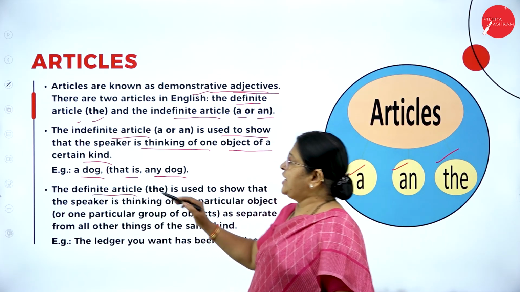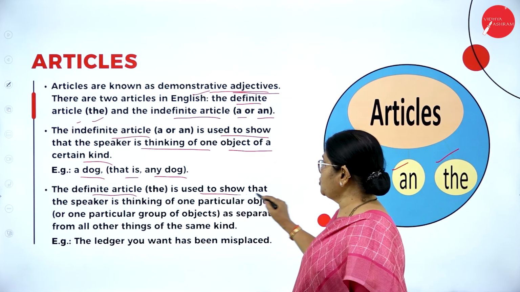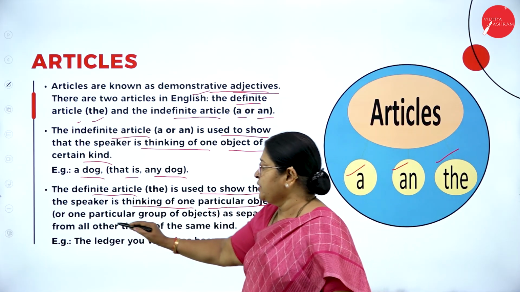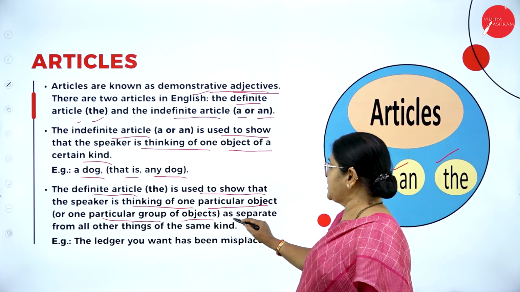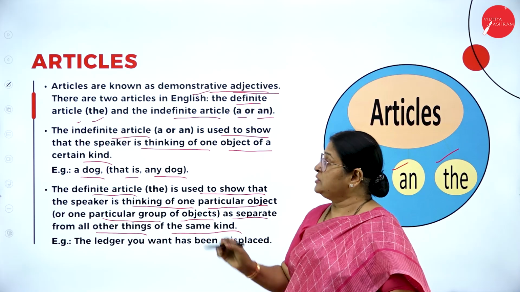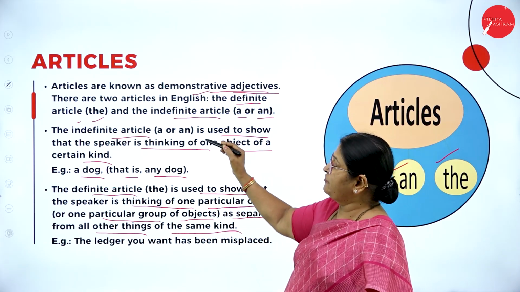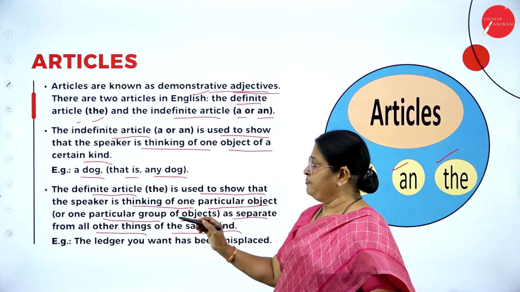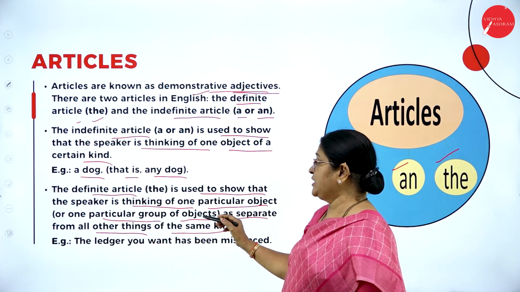Next, the definite article the is used to show that the speaker is thinking of one particular object or one particular group of objects as separate from all other things of the same kind. When do we use the definite article?